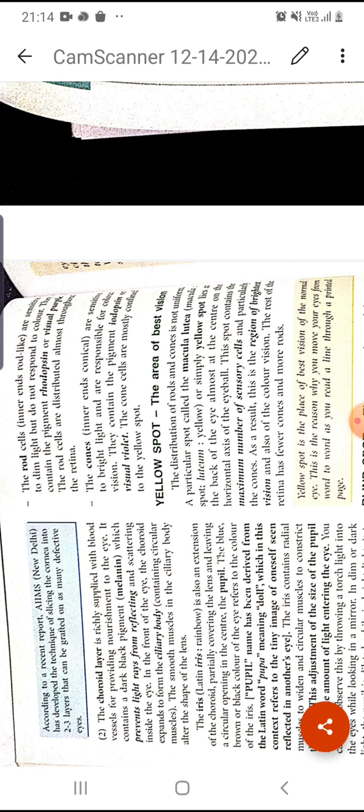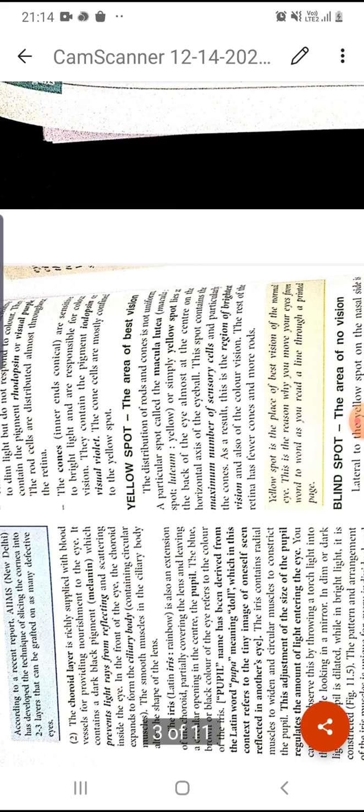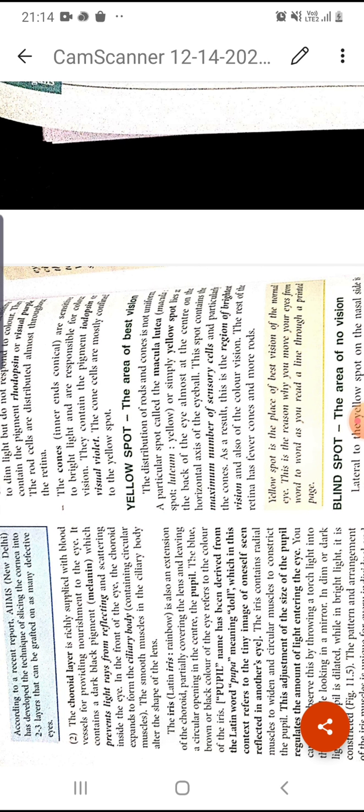Okay, so the rod cells are distributed almost throughout the retina, and the cone cells contain another pigment, iodopsin, and are sensitive to bright light and responsible for our color vision.